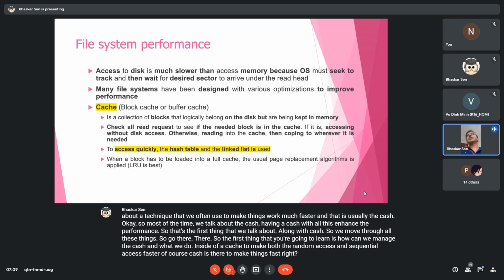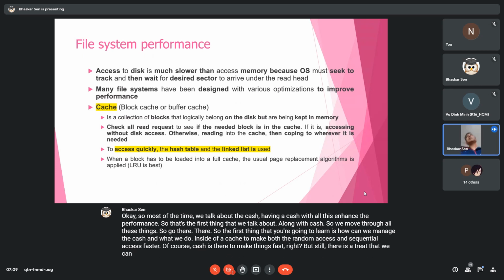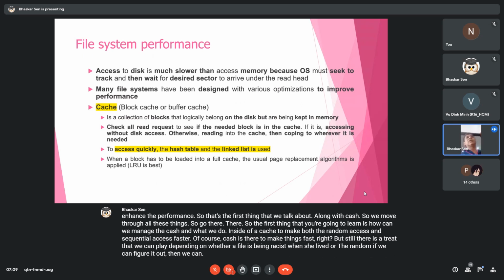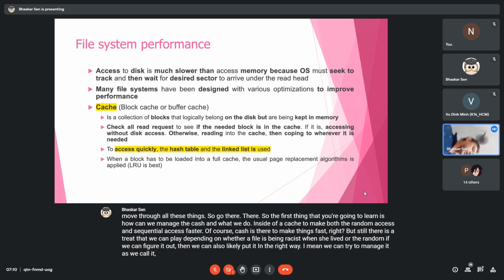But still, there is a trick that we can play depending on whether a file is being read sequentially or randomly. If we can figure it out, then we can most likely manage it, as we call it. That is what we're going to study.